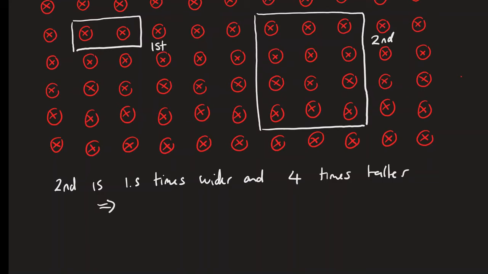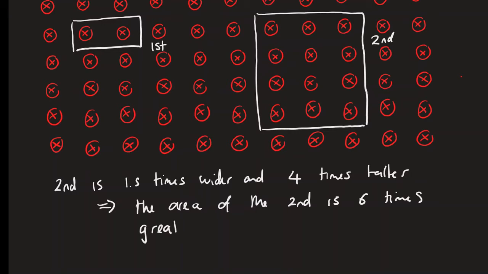So the area of the second is 6 times greater than that of the first. So their areas are in a ratio of 1 to 6.